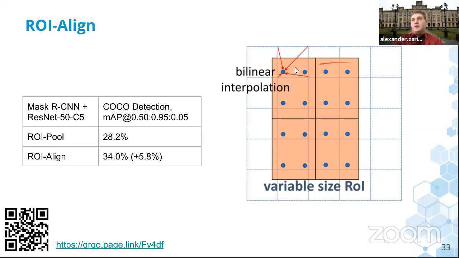Then ROI pooling simply rounds these coordinates to the nearest integer and pools a smaller region of features. Obviously, we are losing information from our ROI region, which decreases the performance of our classifier and the localization capabilities of our model. So to overcome this issue, a simple idea was proposed.